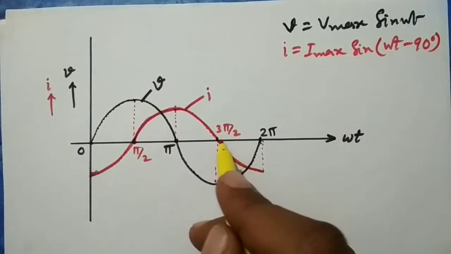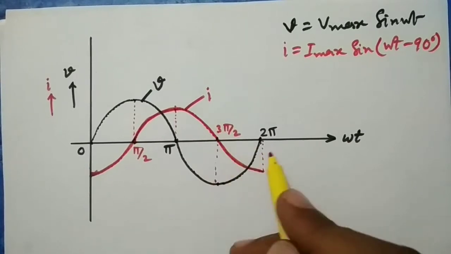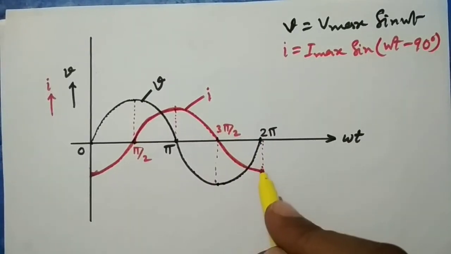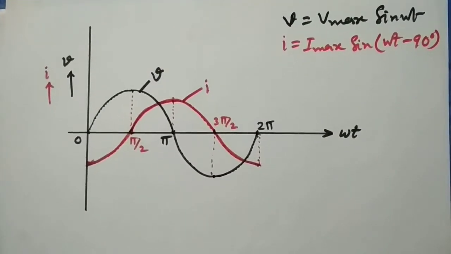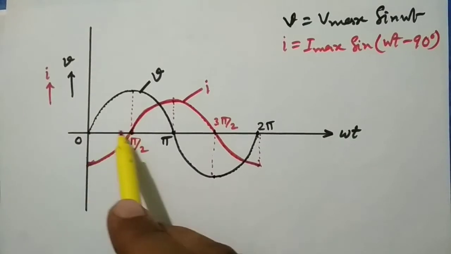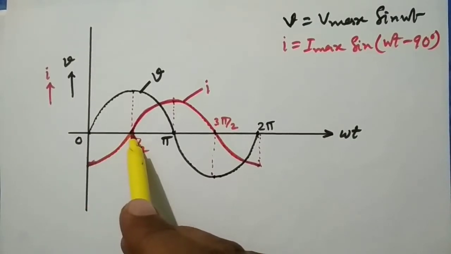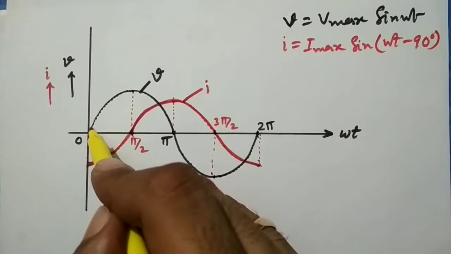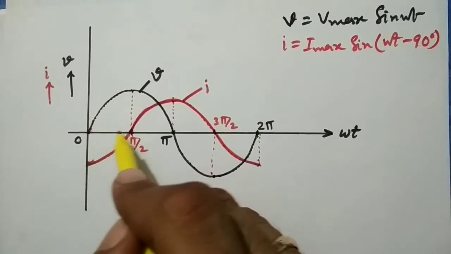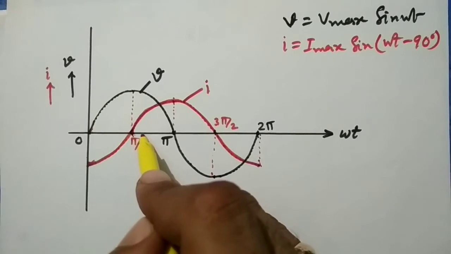So again, the value will be 0. And at 2 pi, the value will be in the negative side. So here from the waveform also we can see that the current is lagging the voltage by 90 degree. The voltage starts from 0 at omega t equal to 0, but the current starts at omega t equal to pi by 2.